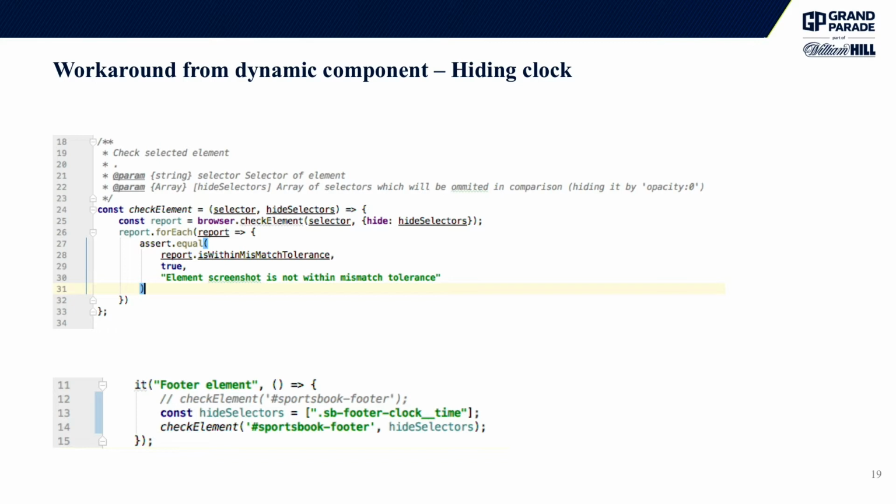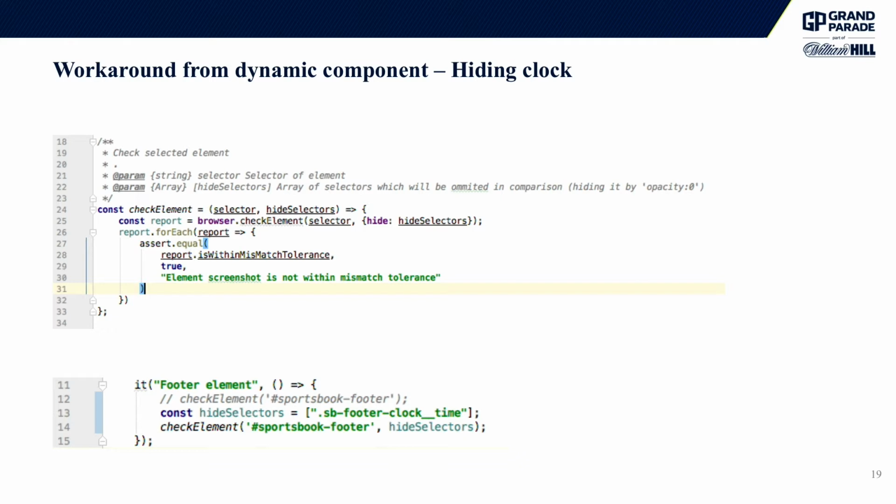This works pretty cool for responsive designs, but it's useless in our case because we are using BrowserStack and our footer is made in an adaptive way. So yeah, we only need to change our test case to provide this array of selectors we want to hide.